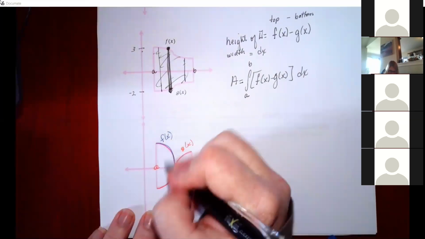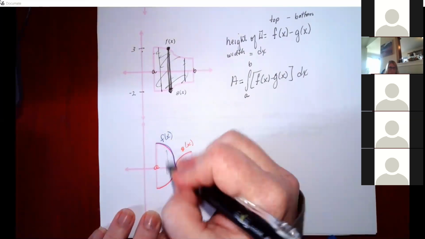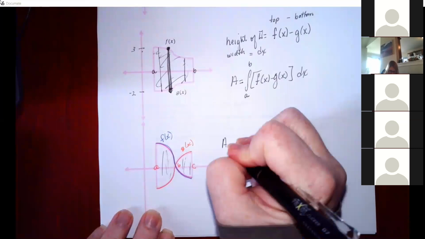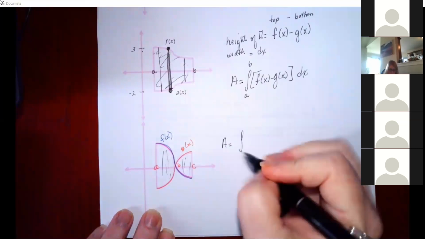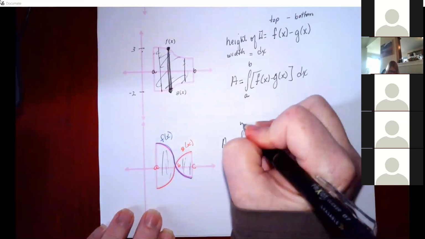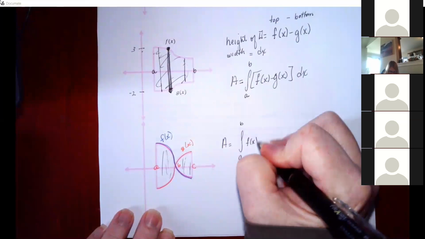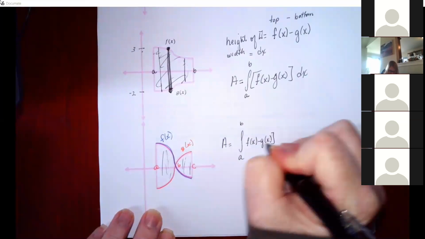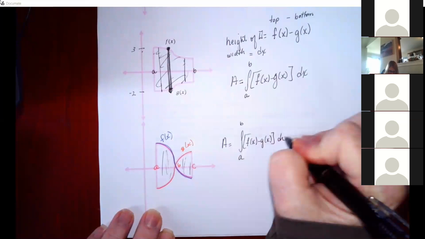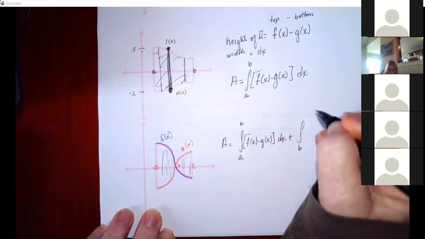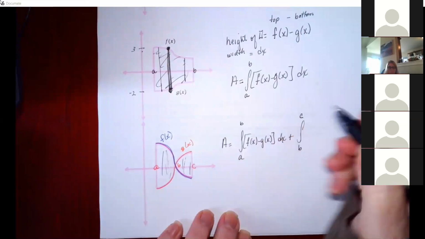If you wanted to find the entire region here, that area would be the integral from A to B of top minus bottom graph dx plus the integral from B to C of top minus bottom.